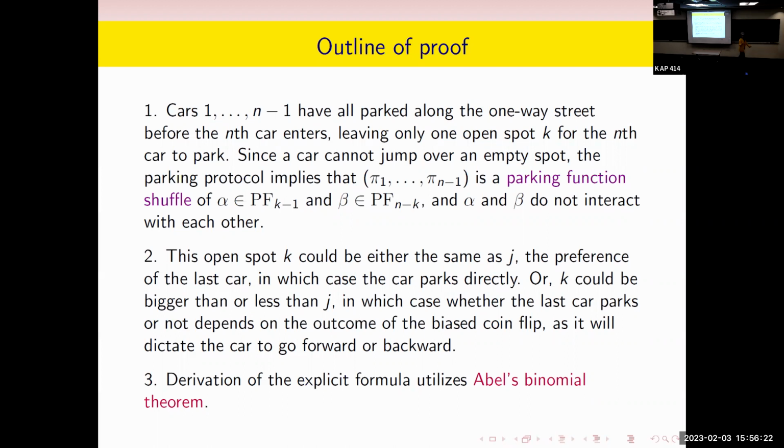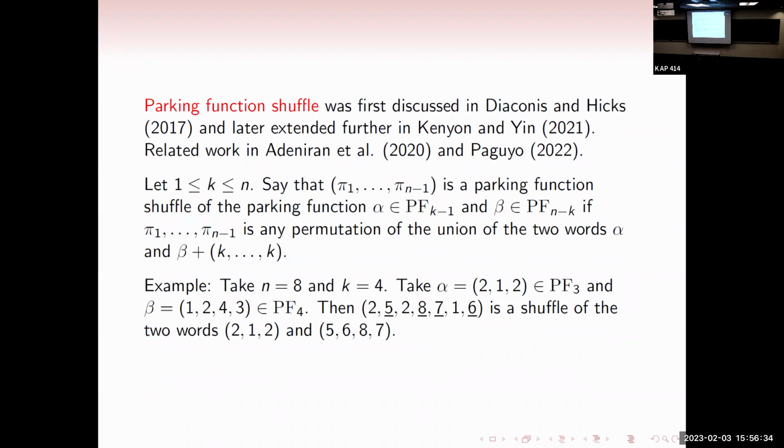So there are generalizations for all of them. And then we also don't necessarily need to look at n cars and spots. It could be m cars and spots and so on. So now let me first talk about what a shuffle is, and then I will talk about Abel's binomial theorem.